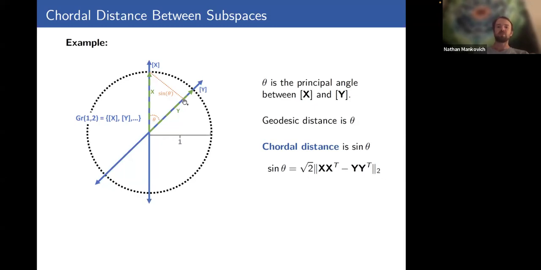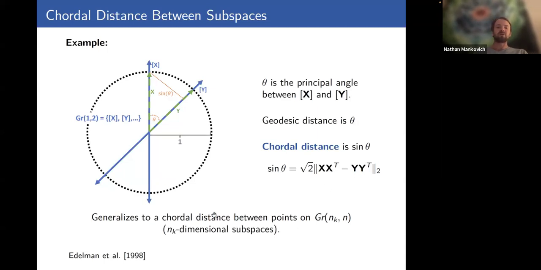Here I'm just using the 2 norm because we're working in Gr(1,2). But with higher dimensional subspaces, you have more principal angles, and this linear algebraic way to compute the sine of theta, to compute the chordal distance, still holds. So in general, this generalizes to a chordal distance between points on Gr(n_k, n).